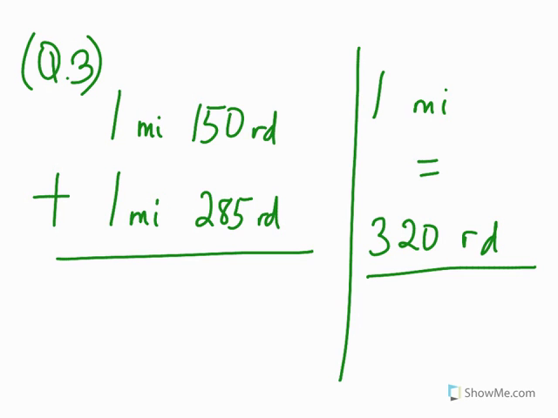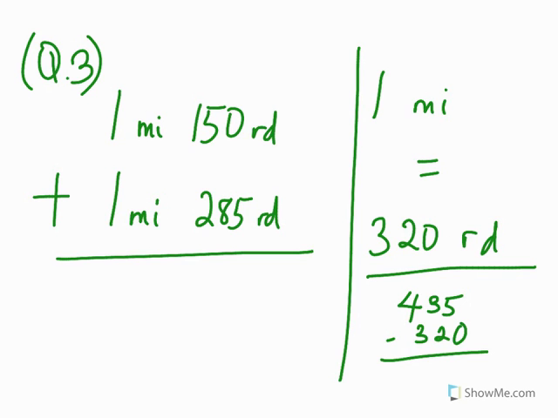I can show you the 2 ways, and then whichever way you like, you pick. The easiest way is you subtract the excess, because 1 mile is 320 rods. So when you have 435 rods, there's an excess, right? You subtract the excess by saying 435 minus 320.